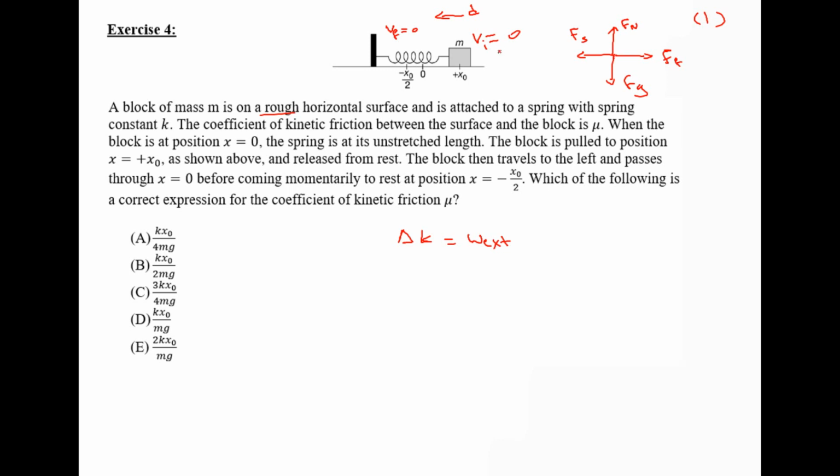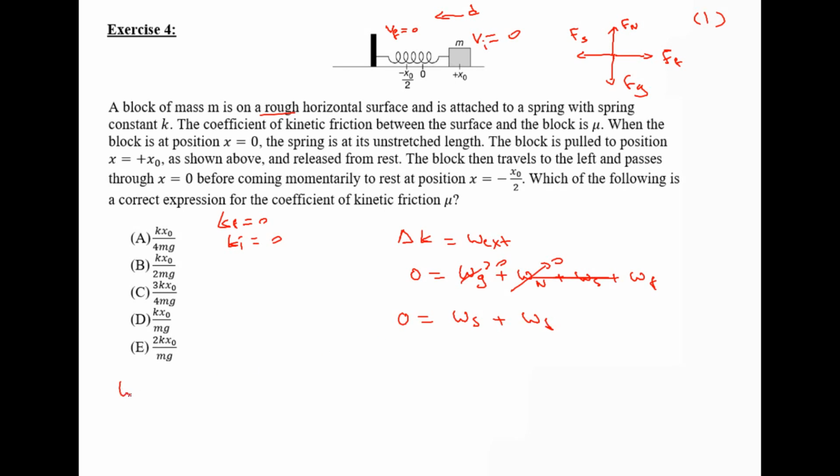Initially the speed is 0 and finally the speed is 0, which makes the final kinetic energy 0 and the initial kinetic energy 0, which means delta K is 0, and the work done by the external forces would be the work done by gravity plus the work done by the normal push plus the work done by the spring plus the work done by the friction. Eventually these two are 0. So we're left with the work done by the spring plus the work done by the friction.